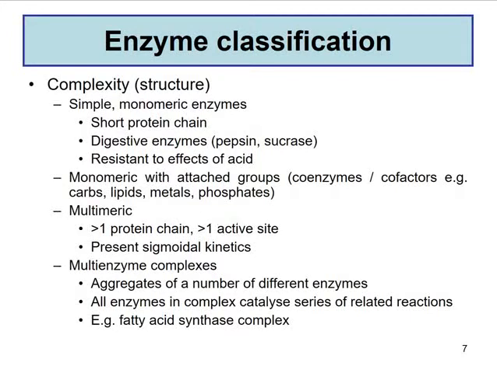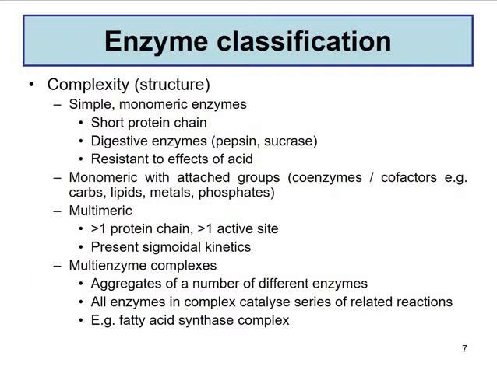So they have coenzymes or cofactors, and those can either be a carbohydrate, a lipid, or a metal. Since we spoke about proteins earlier on, we also spoke about simple proteins and conjugated proteins. So we can actually say that this monomeric with attached groups can fall under the conjugated proteins, because it's got an amino type of structure and other things that are not amino acids. So this is something similar.